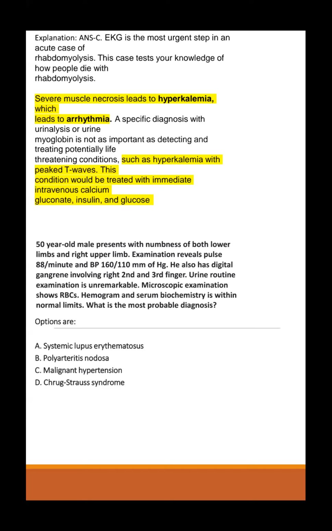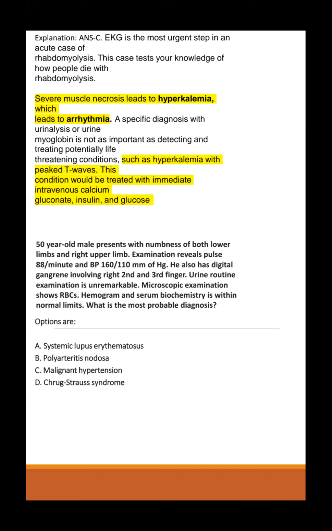A 50 years old male presents with numbness of both lower limbs and right upper limb. Examination reveals pulse 88 per minute and BP 160 by 110 mm of Hg. He also has digital gangrene involving the right second and third finger. Urine routine examination is unremarkable.